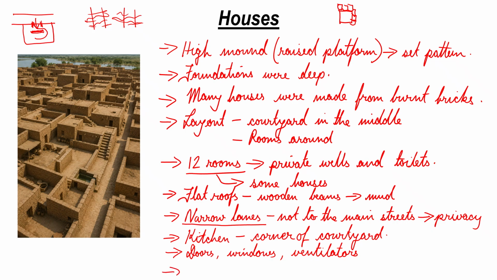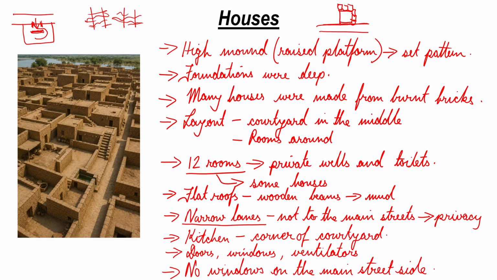One important feature is that there were no windows on the main street side. So if this is the house and this is the main street, then the rooms here will not have windows.